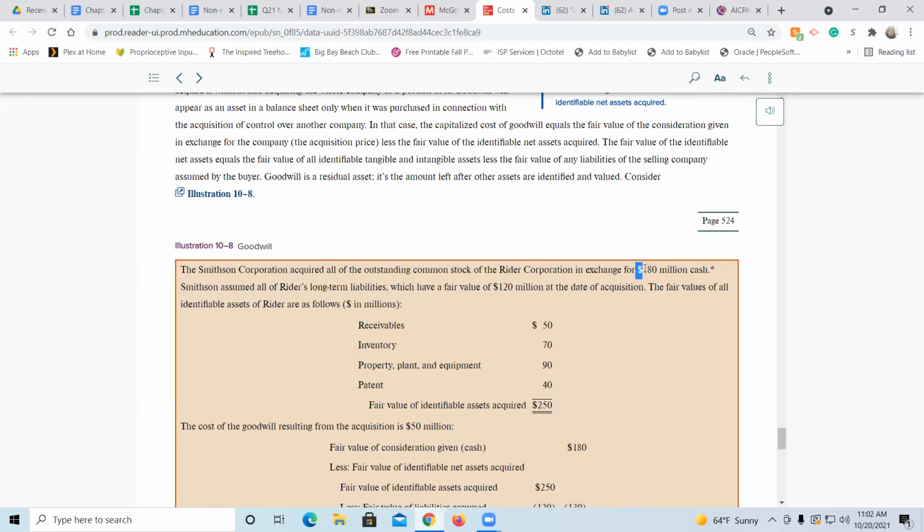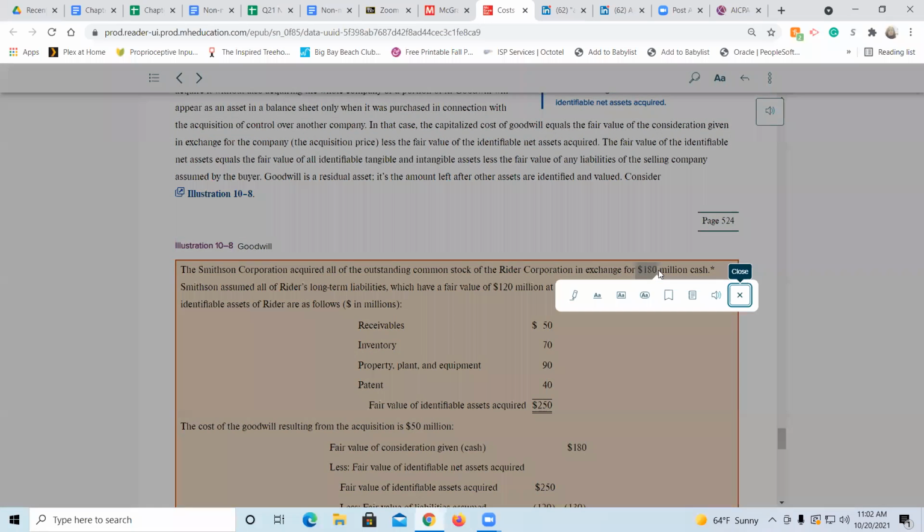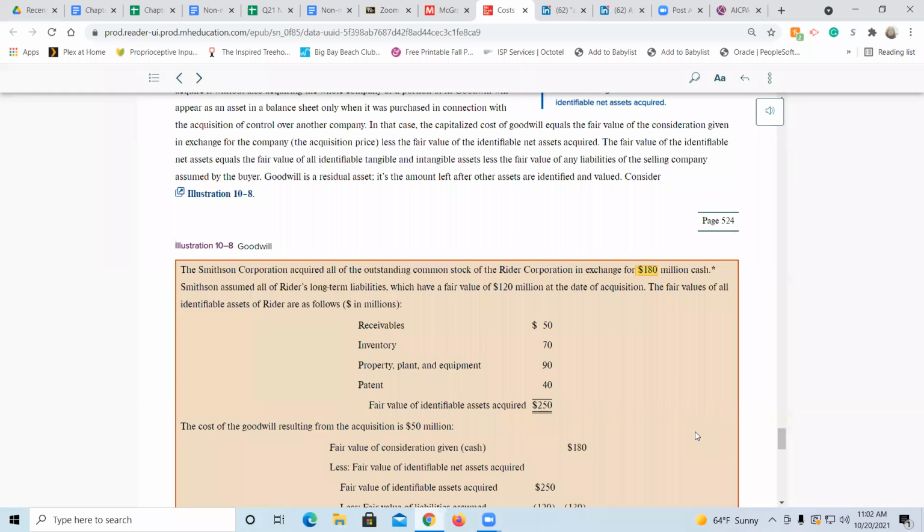The hardest number to come up with is the 180 million. The reason I say that is that it would be a valuation of the company, and you'd have to get experts in to try and figure out what the company is truly worth, outside of just what its assets and liabilities are worth. Like, what should we really be paying for this thing? So that number is hard to calculate.